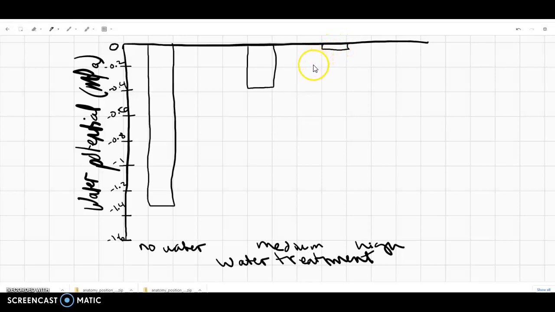Okay, so those are our 3 means, but now we're going to draw in our standard deviations.